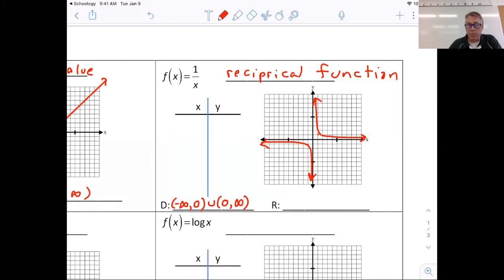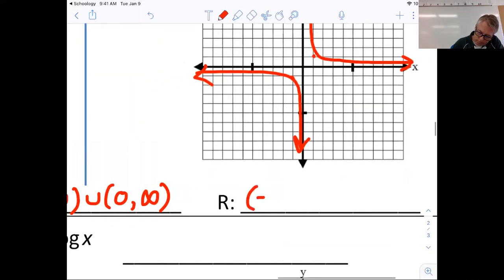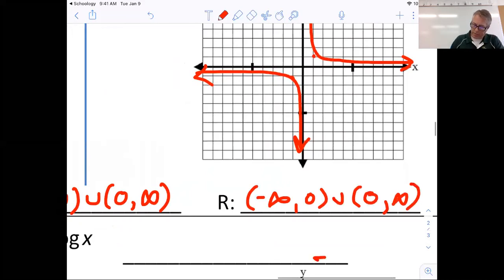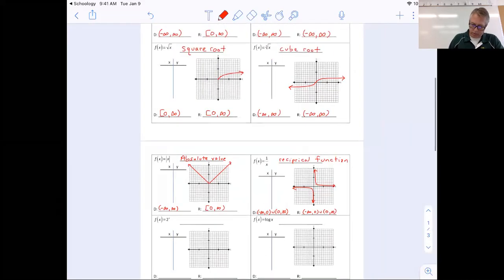The range is going to be the same thing, by the way. So the range is also everything except for 0. So from negative infinity to 0, and from 0 to infinity.